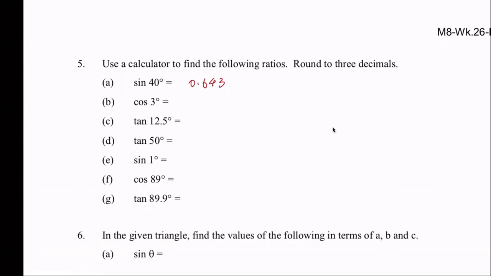And cos 3 is 0.999, etc. I'll leave this to you because as long as you know how to use a calculator to find the ratio, there's nothing to explain.